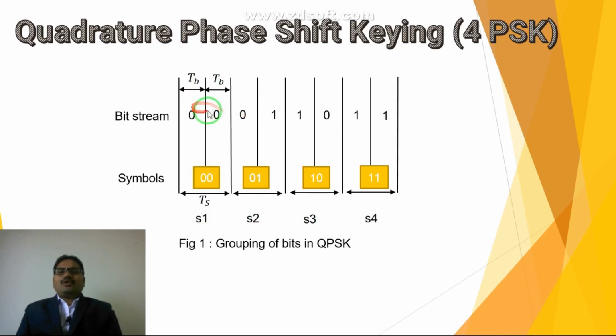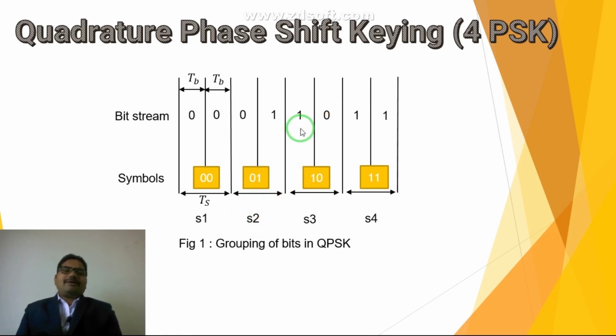In S1, these two bits, that is 0, 0, form one pair, and this one pair is nothing but symbol S1. Similarly, bit 0 and bit 1 form a pair 0, 1, and it is called symbol 2, S2.